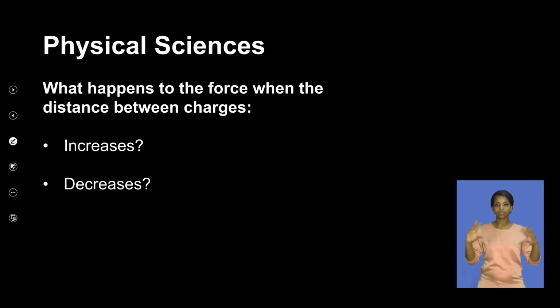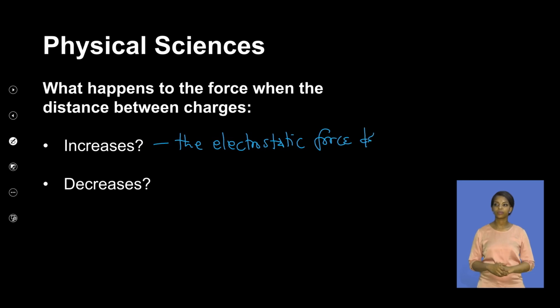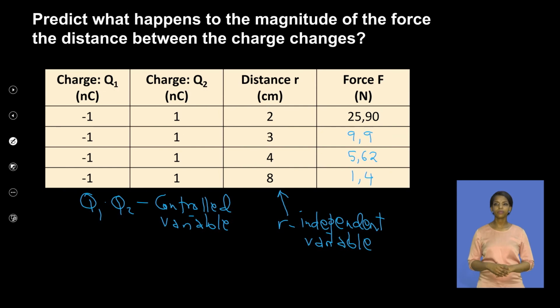So if we move forward, the question says, what happens to the force when the distance between the charges increases? We know that the electrostatic force decreases, okay? But if we decrease the distance, so it means if we go back here, moving upwards from 8 centimeters to 2 centimeters, what is happening to distance?